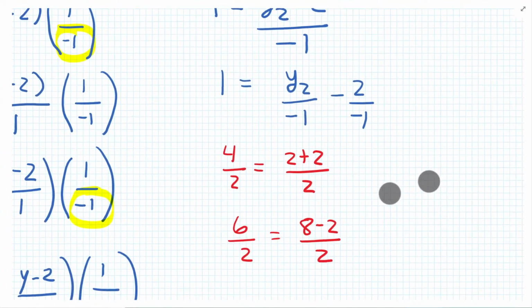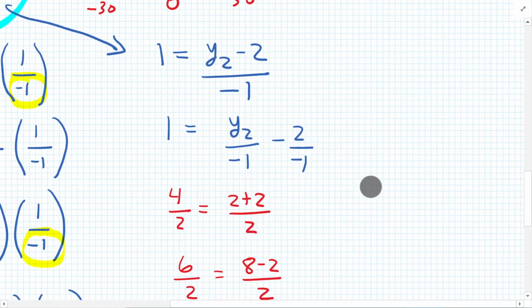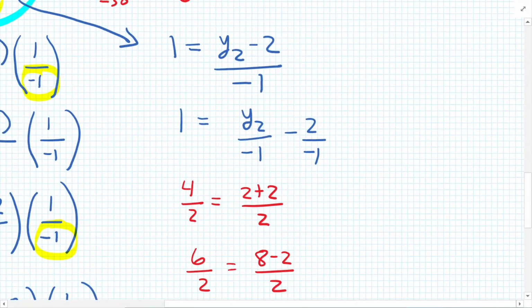This is no different. Here we have a value of y. Y to 2 minus 2 is similar to the 8. Okay? And then we have subtract 2 over here.